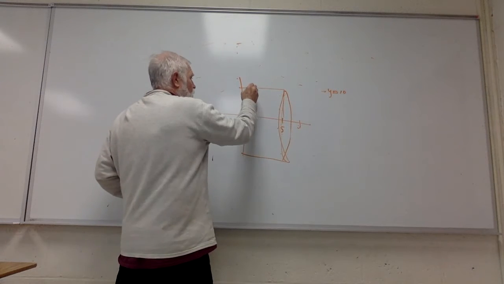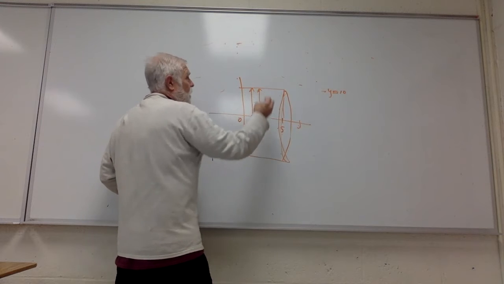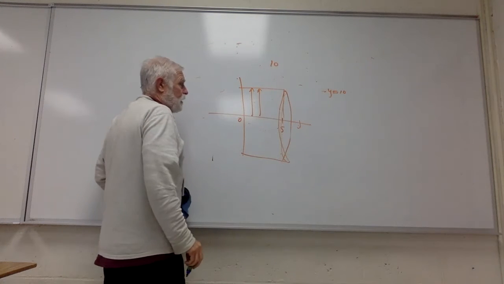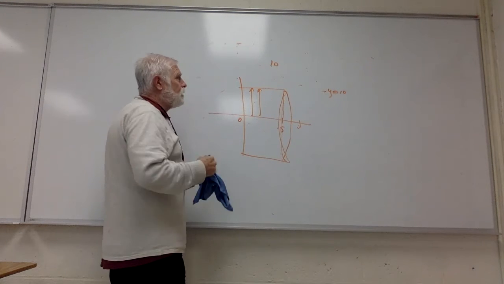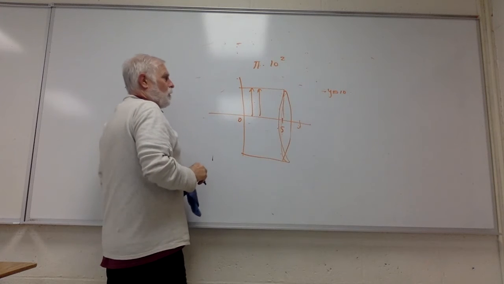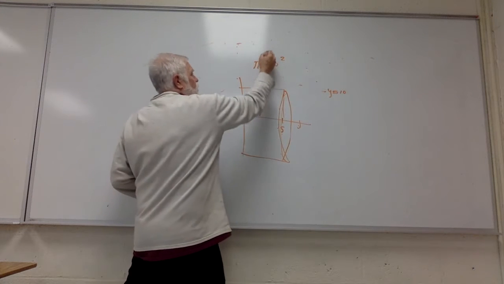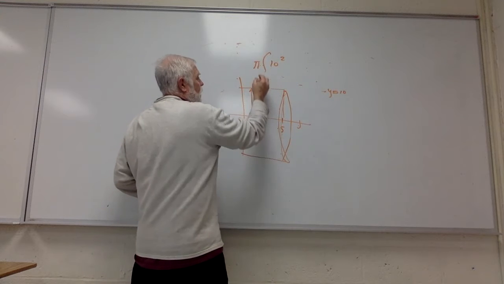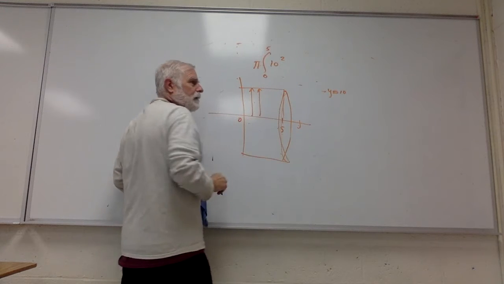So what are my heights? Well, my heights are always 10. What is my cross section? Pi times 10 squared. I'm going to do that over the width, 0 to 5, which really gives us the height of the can.